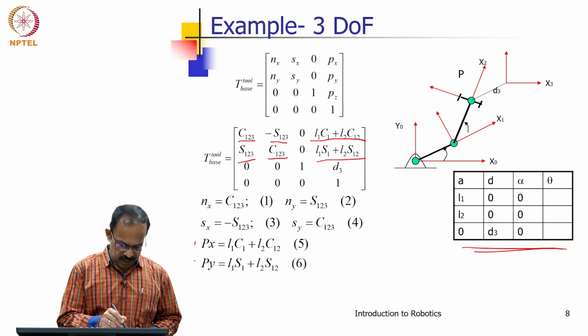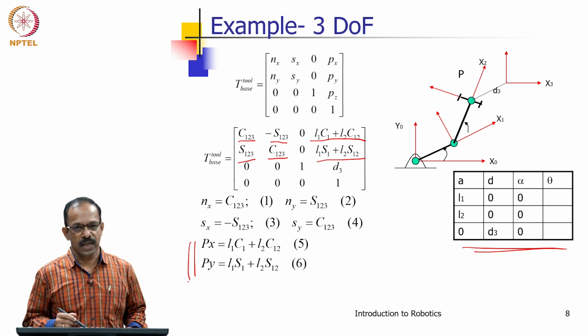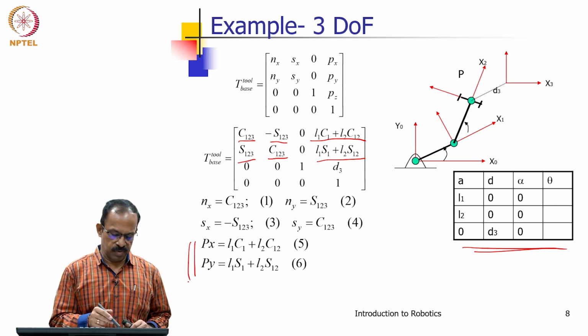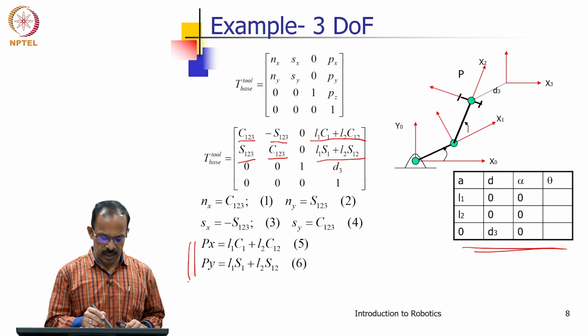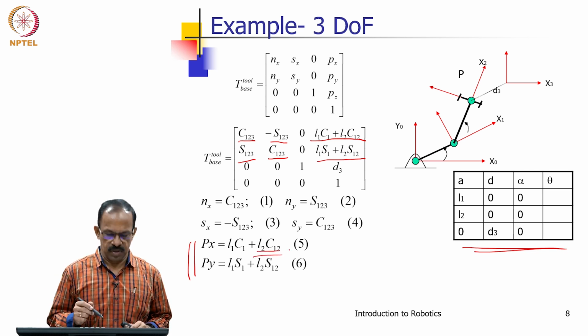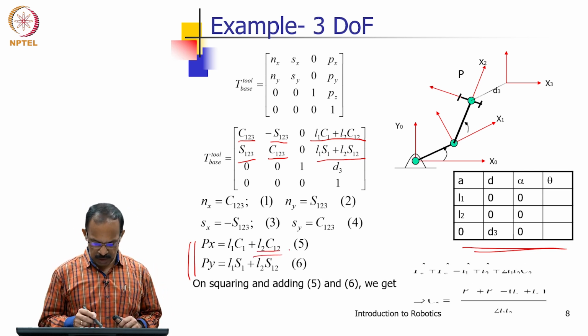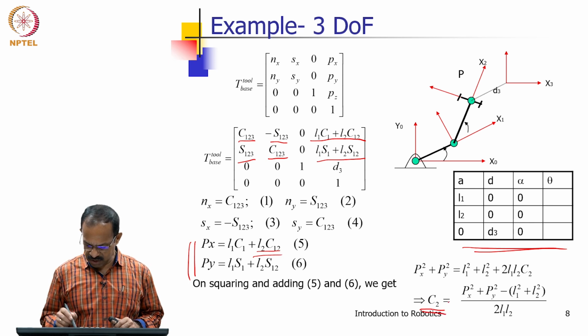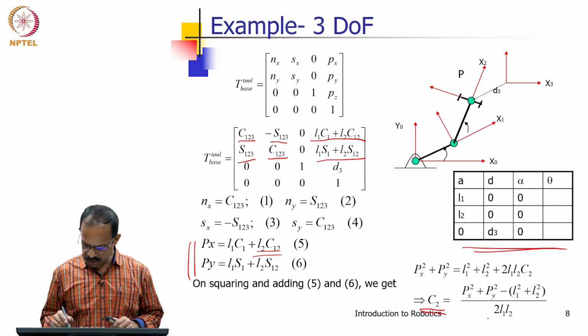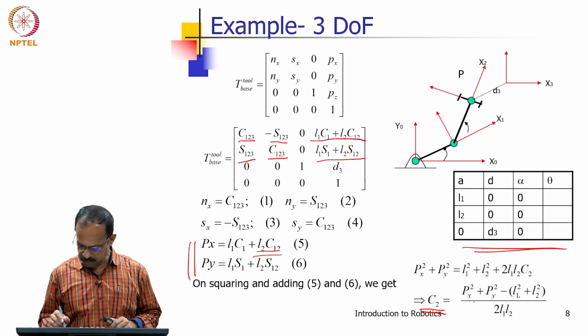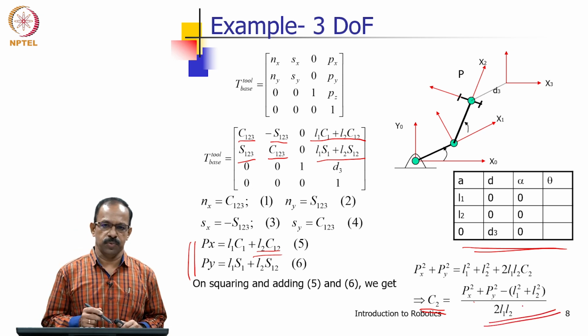So, we start with these two equations Px and Py, and we found that if you write Px square plus Py square, you will be able to get this in terms of C2. So, C2 is Px square plus Py square minus L1 square plus L2 square divided by 2 L1 L2.